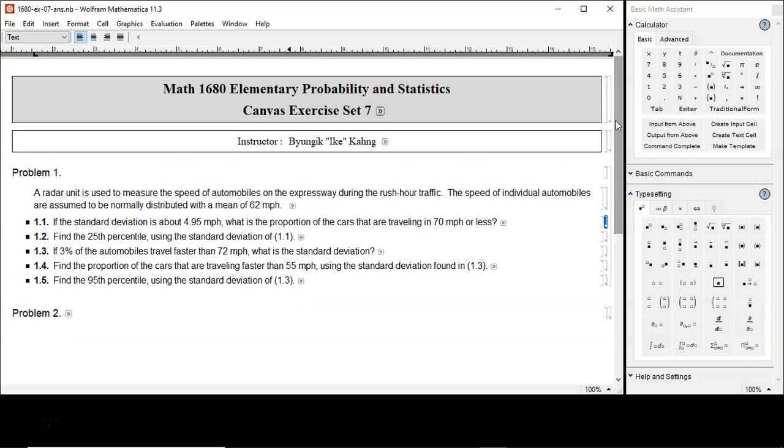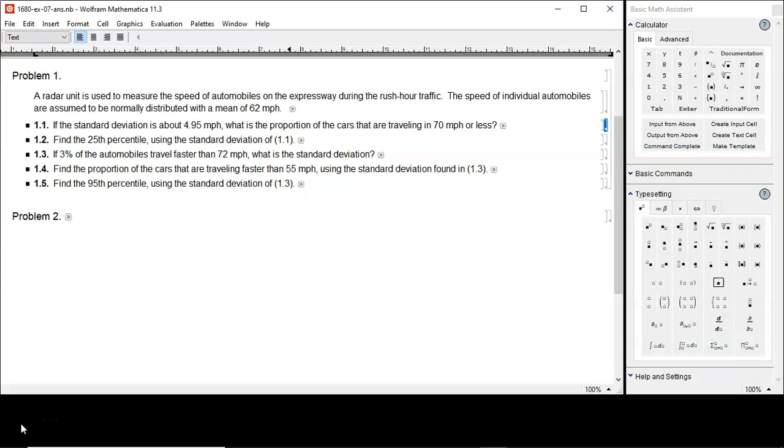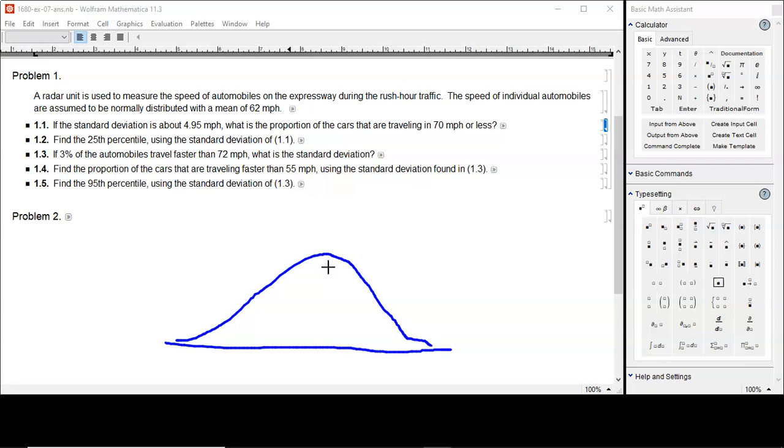Now let's go backwards. Find the 25th percentile using the standard deviation of 4.95. Here is the x-axis, a normal picture, with 62 at the center, and the 25th percentile must be somewhere here. The shading here is 25%, so 0.25, and this is what you're looking for.